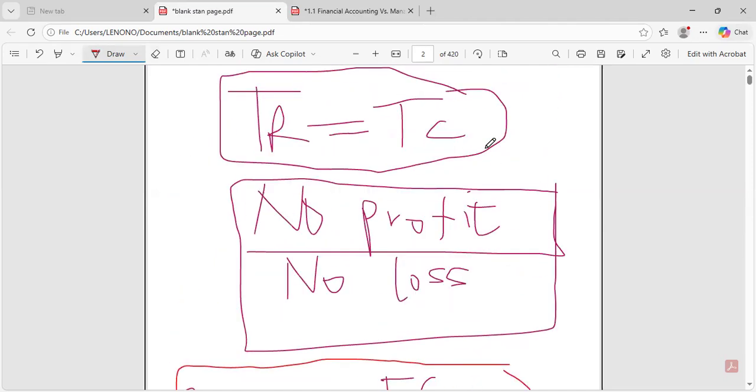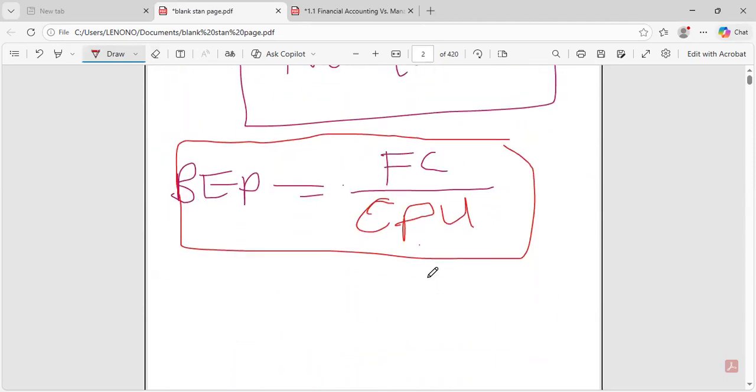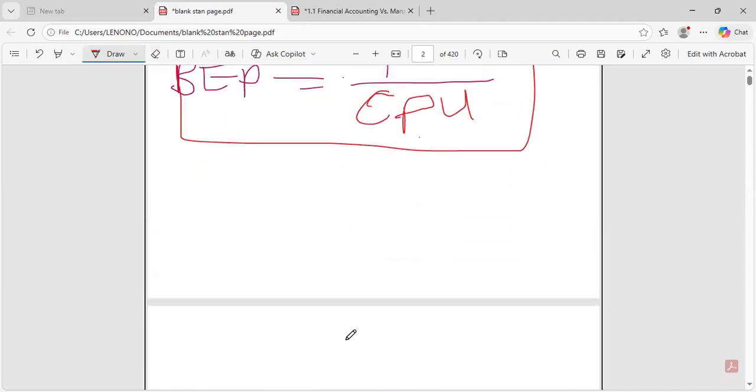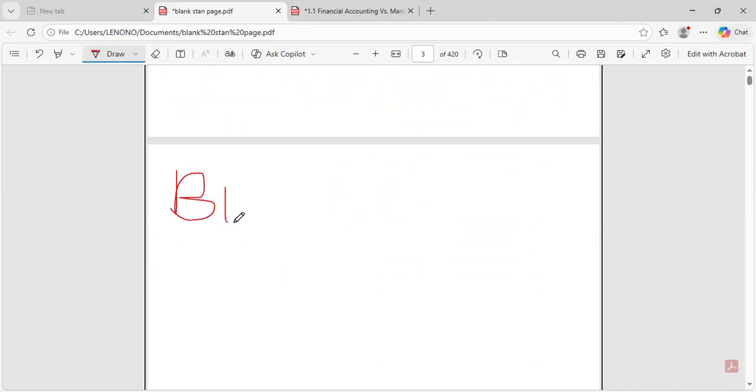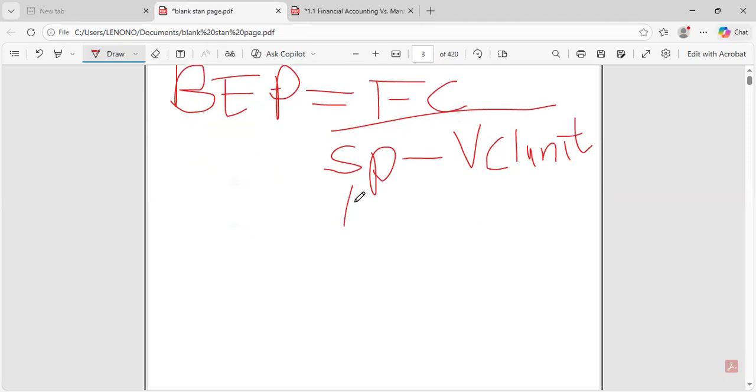The denominator at the break-even point is the CPU, where the selling price per unit minus the variable cost per unit. So BEP is equal to fixed cost over selling price per unit minus the variable cost per unit. This one here is called the contribution per unit, CPU.